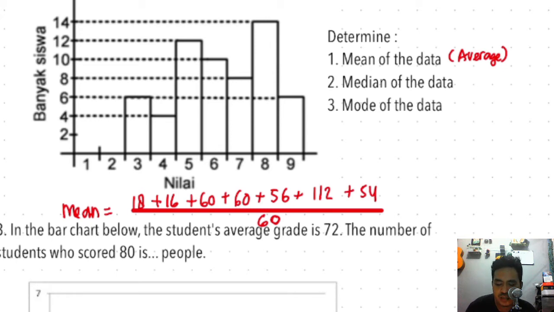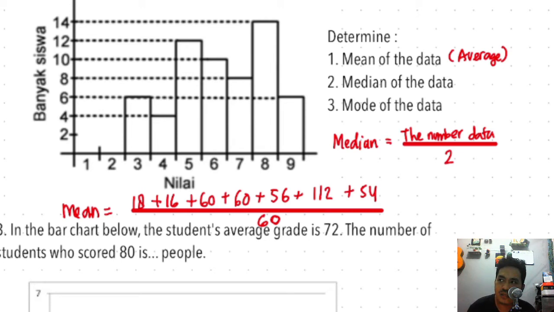If we just divide the number of data we have by 2, because we want to find the middle number. If the number of the data is odd, it will come up with a decimal answer.